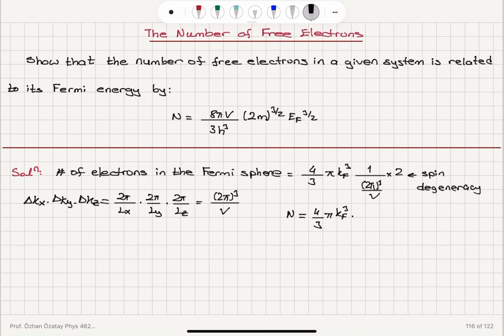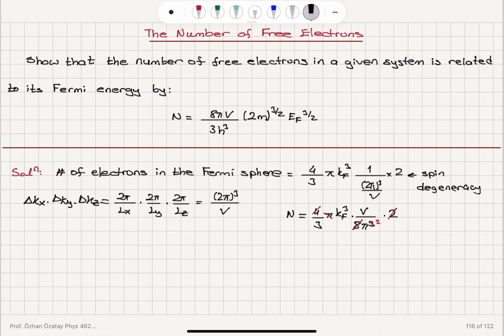Because we have delta kx times delta ky times delta kz given this way. So this V goes upstairs, divided by 2 pi cube, 8 pi cube, multiplied with 2. Okay, so we see that we have a 2 and a 4, which makes an 8, so this 8 disappears, and this pi cancels one of the pi's downstairs, so this is going to become pi square.